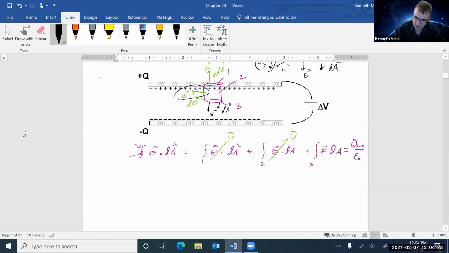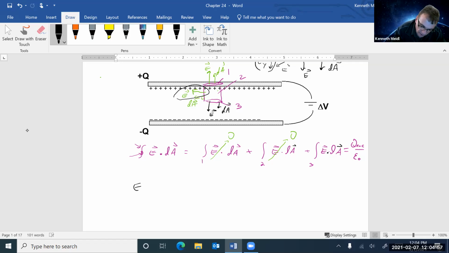And so, inside of these plates here, what we'll see in measurement probably in a week or so in the laboratory is a very, very constant electric field there. So what you do is, you have this E field and there is this dot product, but E and A line up. So E times A times the cosine of the angle between them is going to give us a 1.